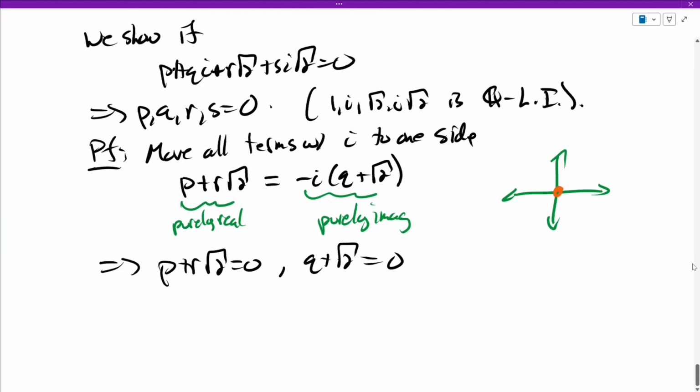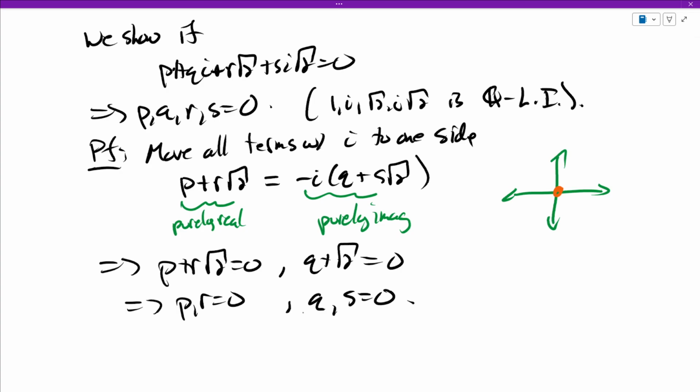All right. Root 2 is not rational. So if p plus r root 2 is 0, this tells us that p and r are 0. Otherwise, root 2 would be a rational number. You could express it as a rational. And this guy, oops, did I miss my s? Sorry. Q plus s root 2. This will tell us q and s are 0.